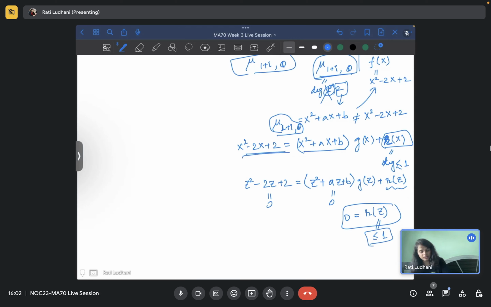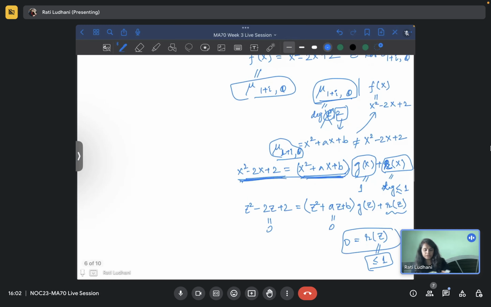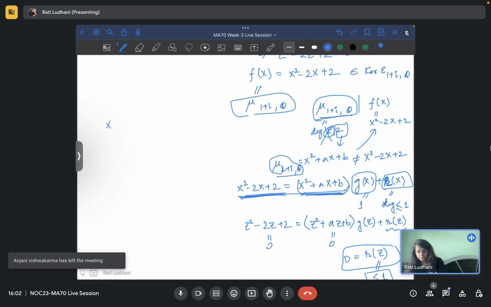So these really have to be equal quantities. Both of these are monic, so g(x) has to be 1. Is that okay? So this x square minus 2x plus 2 is the minimal polynomial, mu of 1 plus i over Q.